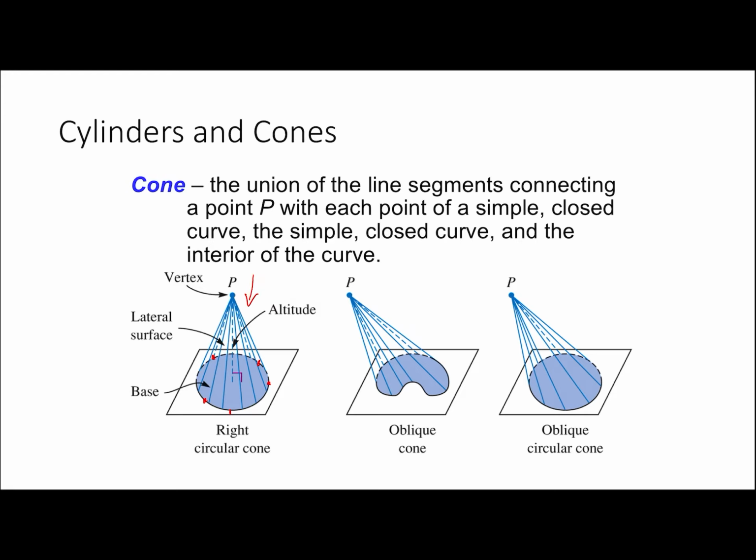You don't have vertices around the circle at the bottom. Because there are no other points, we refer to it just as a vertex. In a pyramid, there are a bunch of vertices, so the one at the very top above the base is the one we refer to as the apex. That is a little bit different terminology.